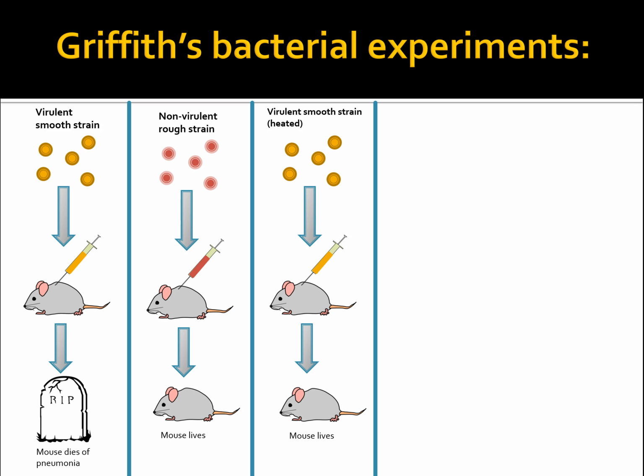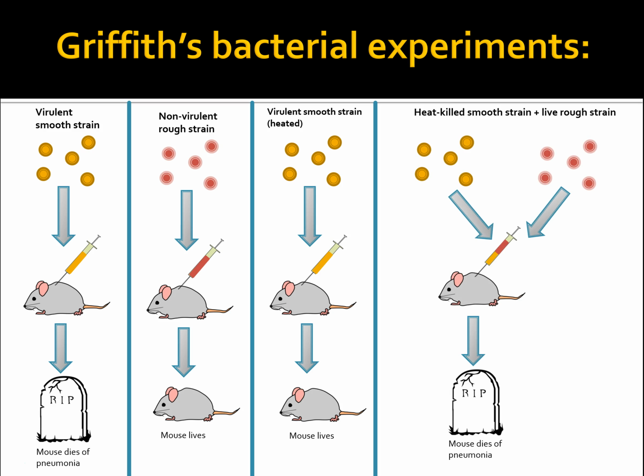Then he tested the virulent smooth strain, the disease-causing strain, and he heated it. And when he heated that disease strain and injected a mouse with it, the mouse was able to live because the heat had killed that disease-causing bacteria, so it did not affect the mouse. Now, the really interesting part came when he added the heat-killed smooth strain from the last experiment.